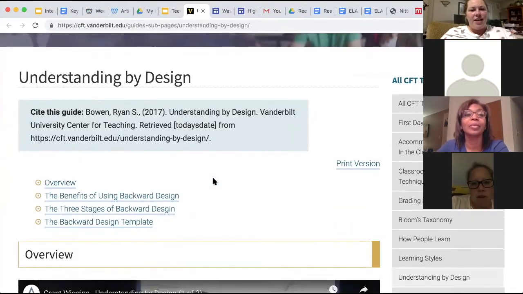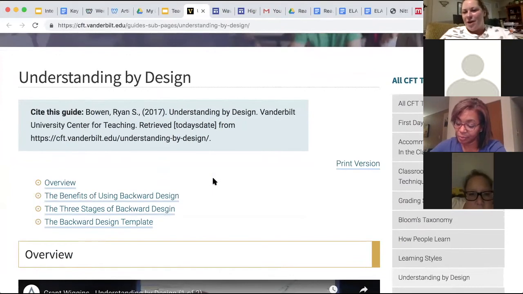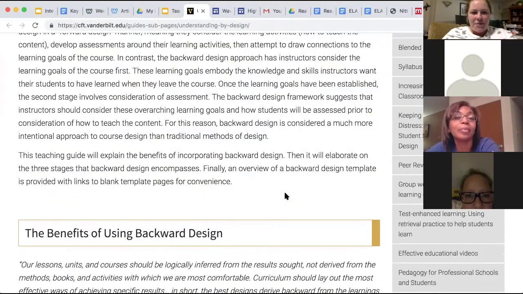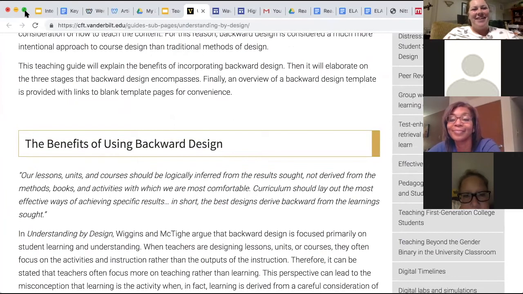We learned that in ed tech, and it was super helpful because you really thought about, do these activities actually mesh with what I want the kids to come out with? So it does help you with more clarity. So that is there too, if you want to find out more. And I have more resources for that, if you look at it and you're like, oh, I want more.